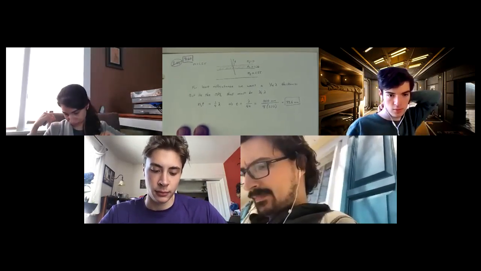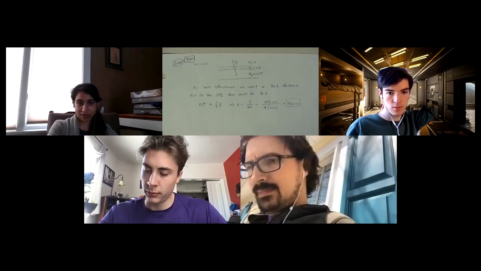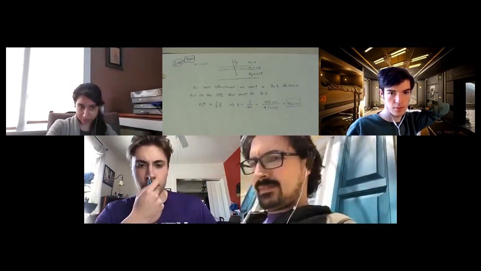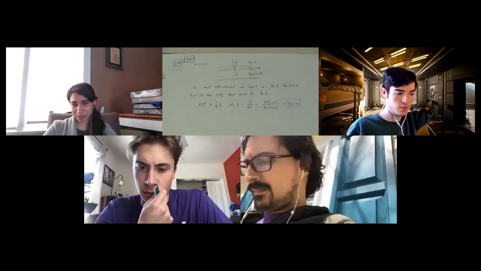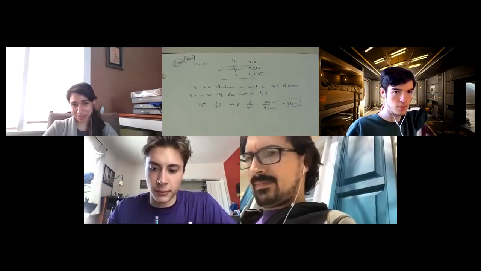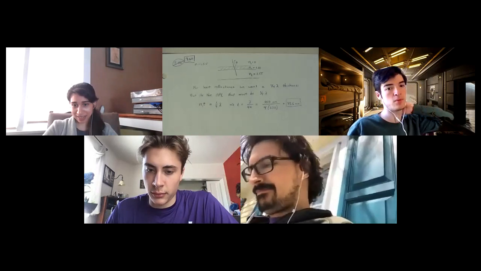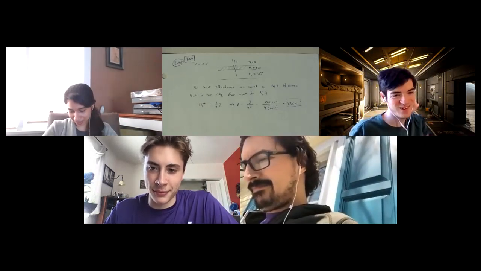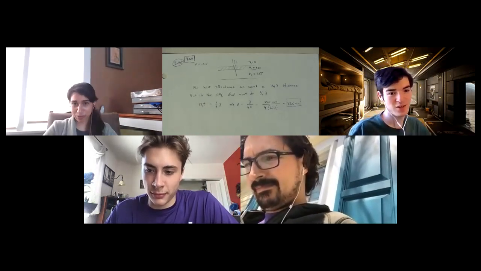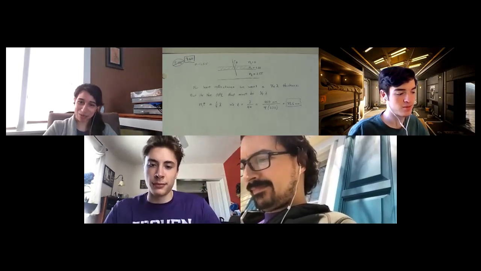And here we go. This is also where you have a typo, because in the question it was 500 nanometers. And the n of the film was 1.55, not 1.38.